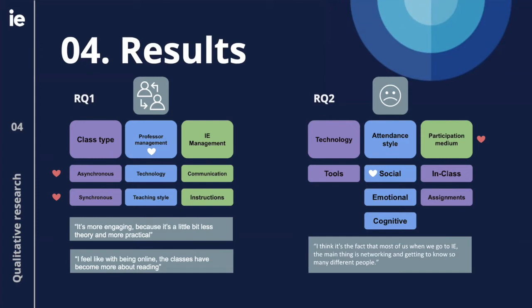Participation medium has also been an issue because there are no clear instructions. In-class participation is complicated because some students are face-to-face and some are online, but there has also been a problem with assignments and the overall program causing this pain point.